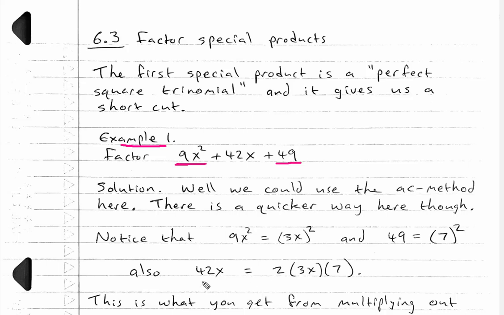The last thing to check is for the middle term: is it twice this times this? Is it twice 3x, what you needed to square to get the first term, times what you needed to square to get the last term? And that is true here. So 2 times 3x times 7 is 42x.